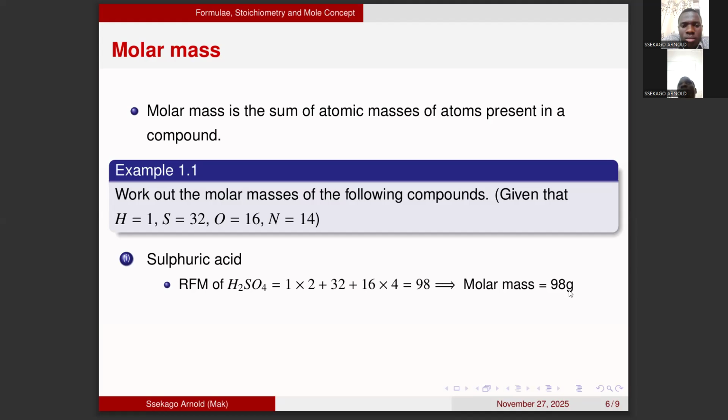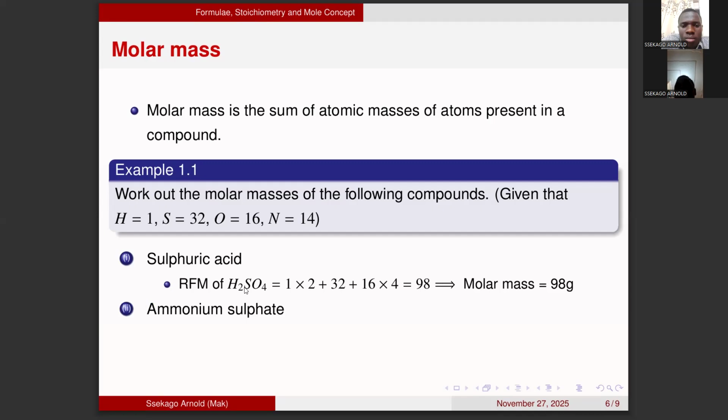So the difference between RFM and formula mass or molar mass is in the units: for RFM, you don't put the G, but for molar mass or formula mass, you include the G. So that is the molar mass of sulfuric acid.